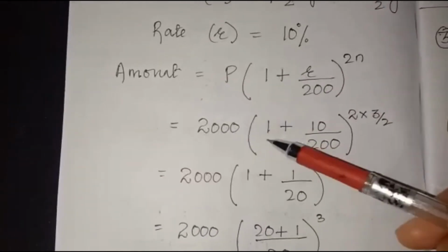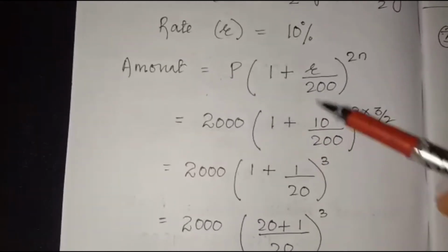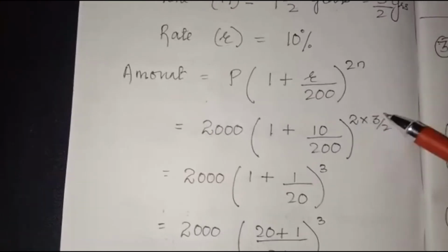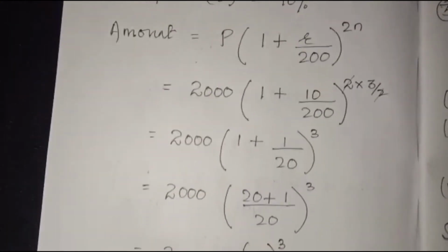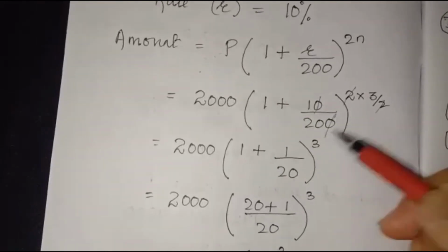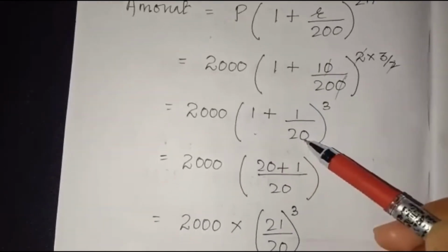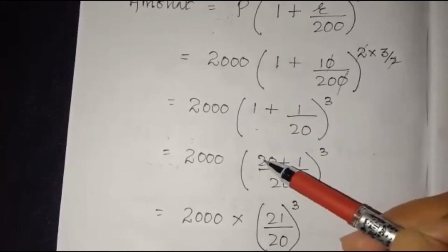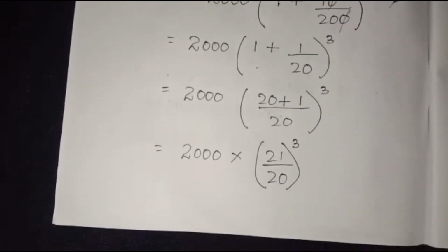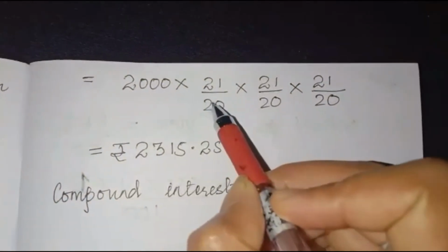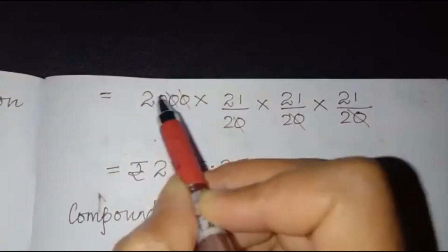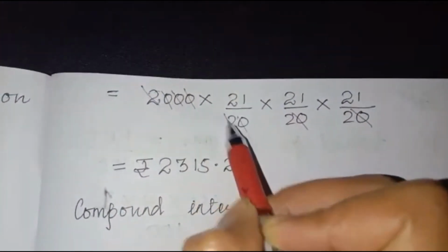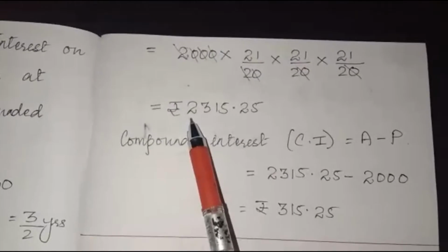P is 2000, 1 plus R is 10 by 200, to the power 2 into n is 3 by 2. Cancel this 2 and 2. Then cancel the zeros. 1 plus 1 by 20. Take LCM. LCM will be 20. 20 plus 1, 21 by 20 whole cube. So write 3 times 21 by 20. Then cancel the zeros and the 2s.